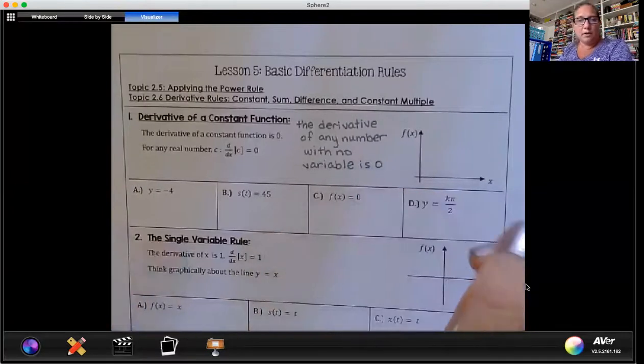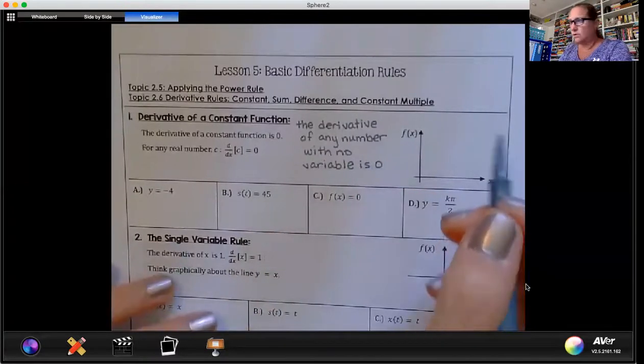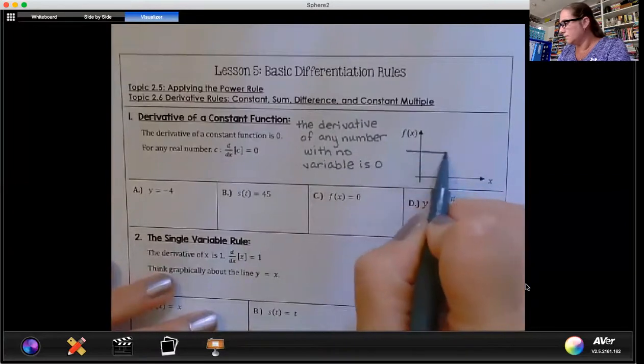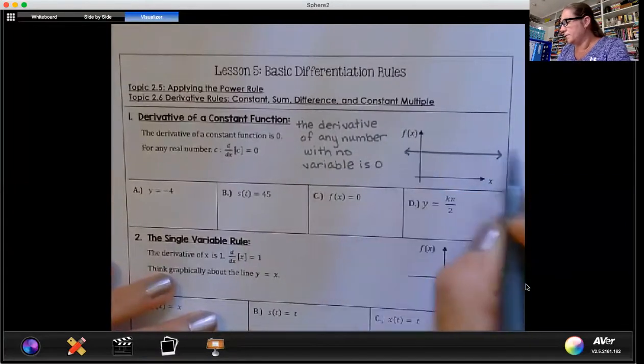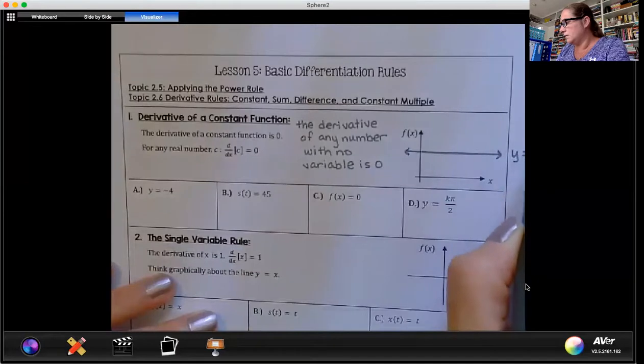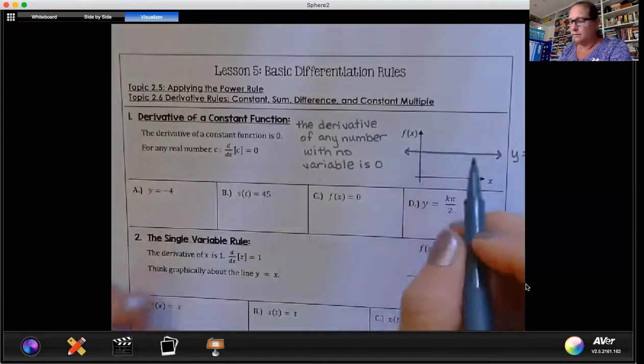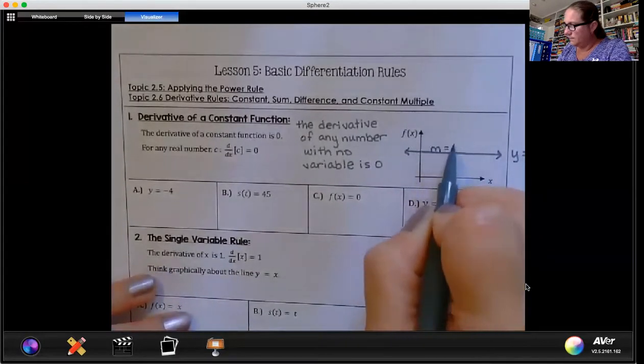The reason is because the graph of a constant function is just a horizontal line, and the slope of that line is 0.